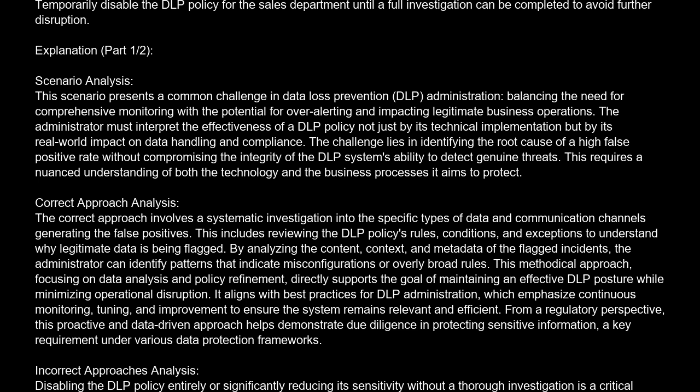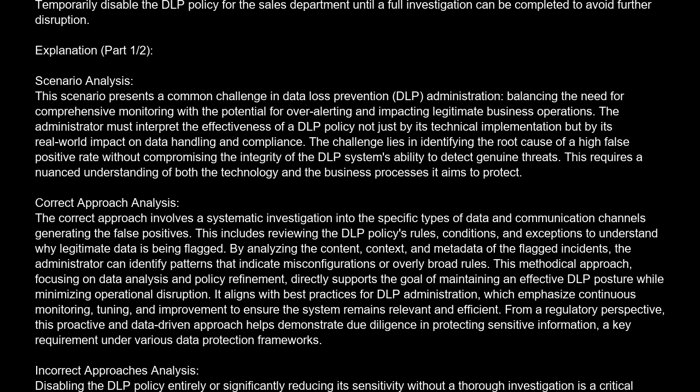This methodical approach, focusing on data analysis and policy refinement, directly supports the goal of maintaining an effective DLP posture while minimizing operational disruption. It aligns with best practices for DLP administration, which emphasize continuous monitoring, tuning, and improvement to ensure the system remains relevant and efficient. From a regulatory perspective, this proactive and data-driven approach helps demonstrate due diligence in protecting sensitive information, a key requirement under various data protection frameworks.